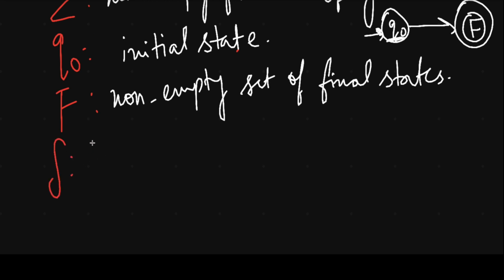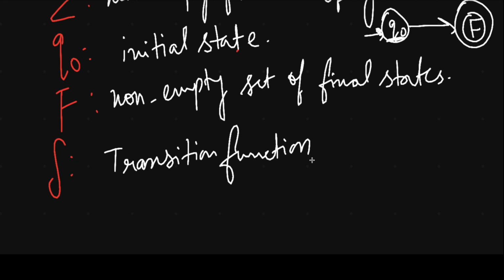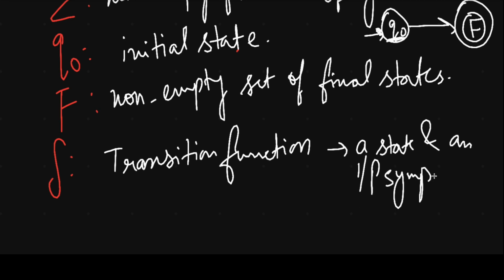Now the last one is delta, which is the transition function. A transition function takes two arguments, a state and an input symbol, and after using these two arguments it returns a single state.